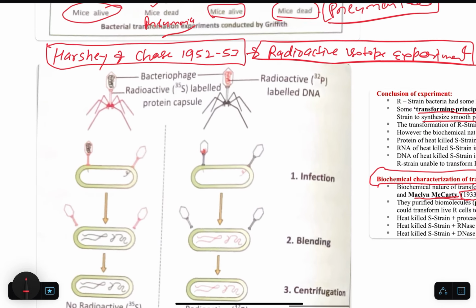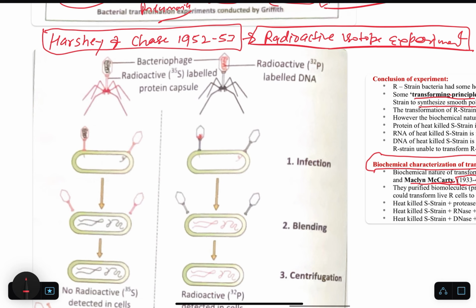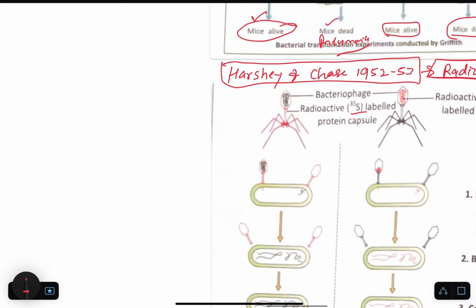So what they did, they used the isotopes of the radioactive elements phosphorus and sulfur. As we know today, the DNA contains phosphorus as a backbone and in the phosphodiester bond.